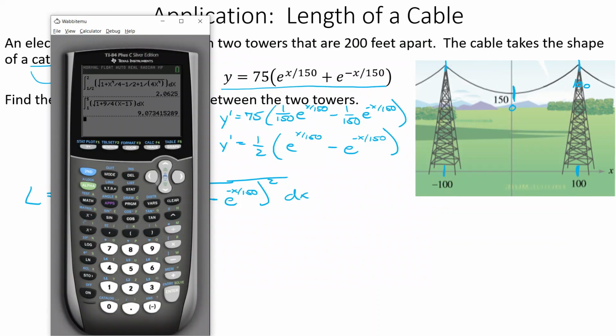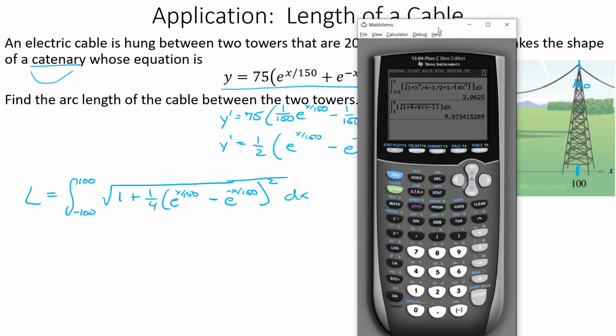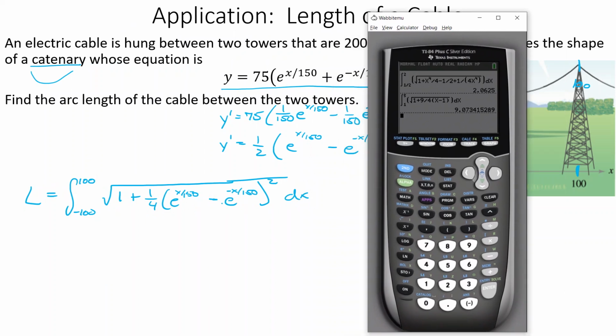All right, from here, I'm going to go to my calculator. I know you can actually do this by hand, and it works out to something nice that you can factor. I think it just becomes this guy with a plus sign in between, but in the interest of time, we're just going to go math 9. We're going from negative 100 to positive 100.